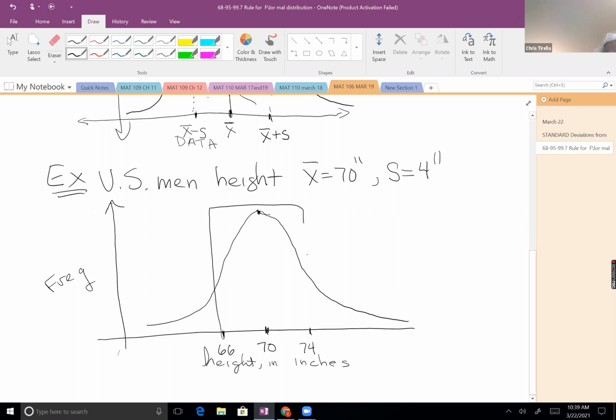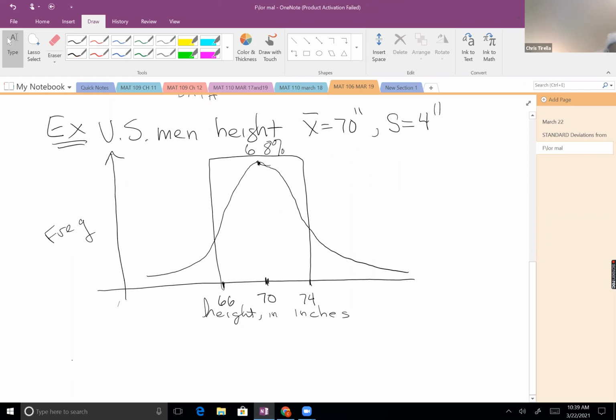And so what we're going to say is that 68% of men are between 66 inches and 74 inches tall.